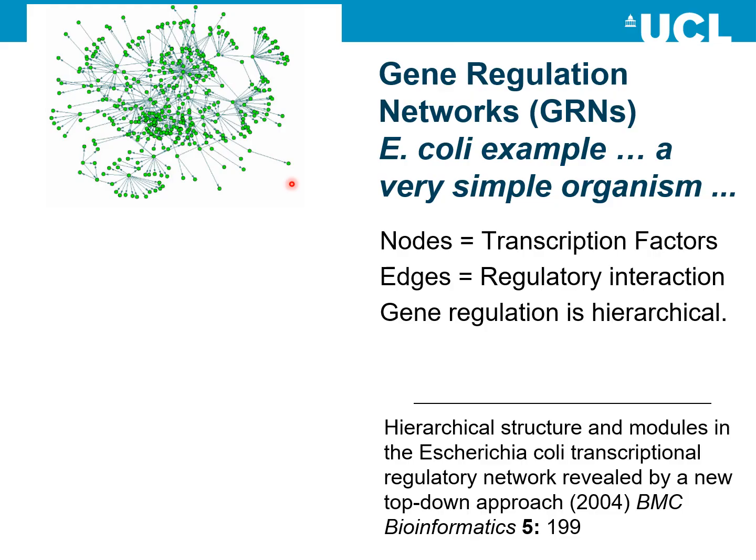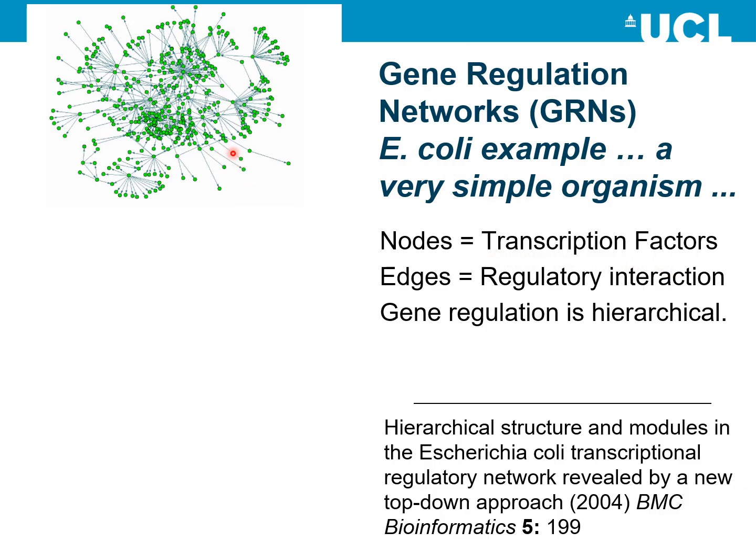The human gene regulation network is not very well characterized and is complicated by the fact that there are other regulation mechanisms like chromosome restructuring. But E. coli is quite a simple network. You have transcription factors.